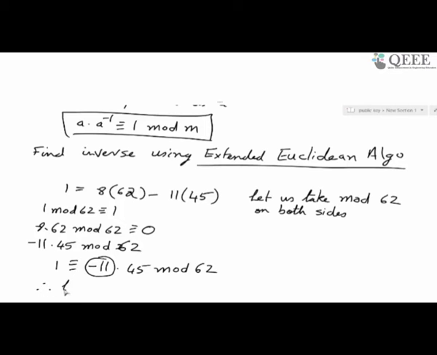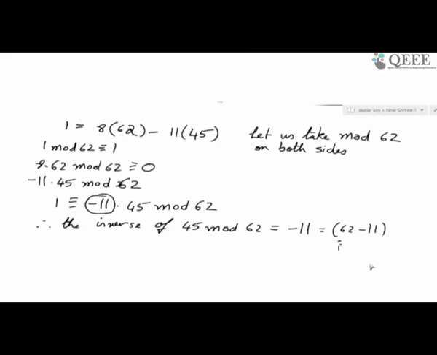Therefore, the inverse of 45 mod 62 is congruent to minus 11, and this is nothing but 62 minus 11, which is 51.